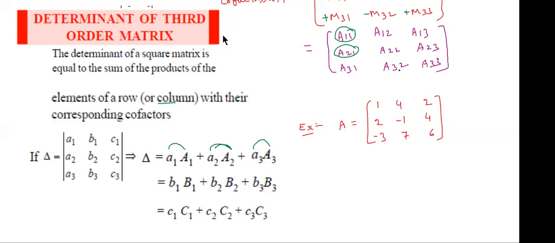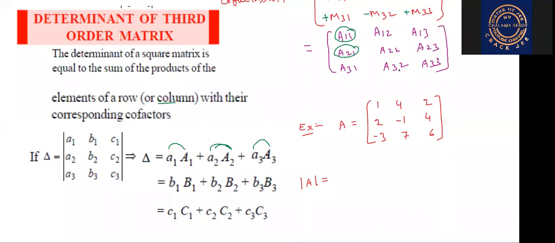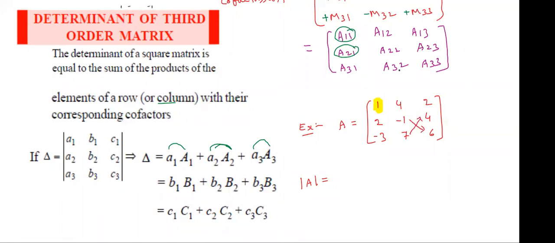Then how to find the determinant of the matrix? Det A is equal to 1 into the cofactor of 1. What is the cofactor of 1 first? AD minus BC into (minus 1) whole power 1 plus 1.